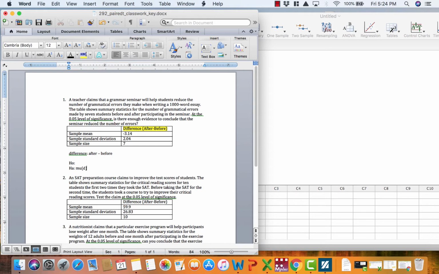So mu difference less than 0. Why less than 0? Because we want to test if after is fewer than before. If we were to subtract a bigger number from a smaller number, we would get a number that is negative, or less than 0.